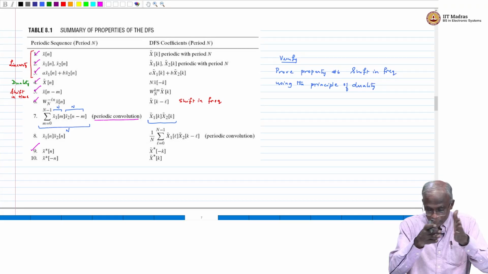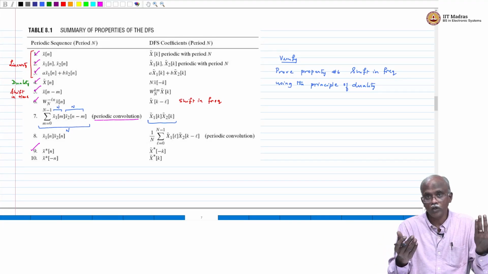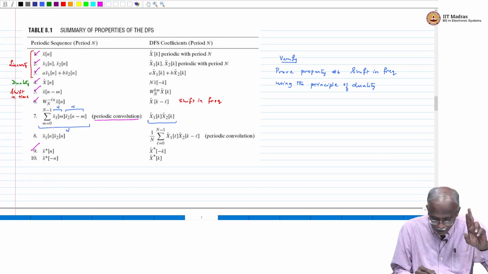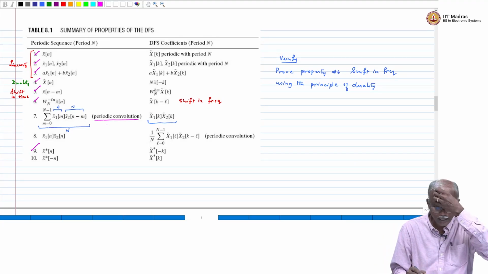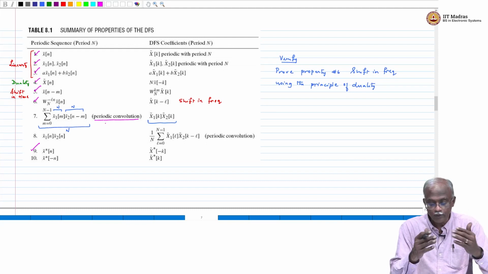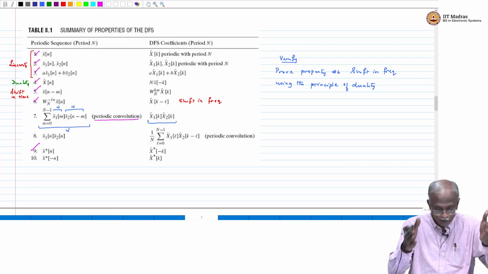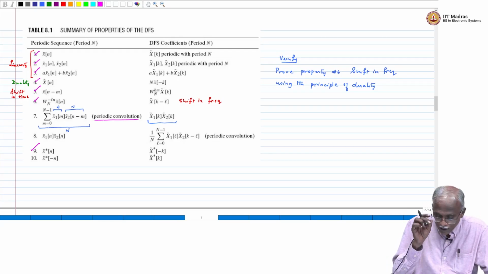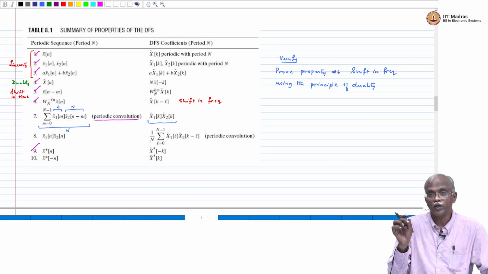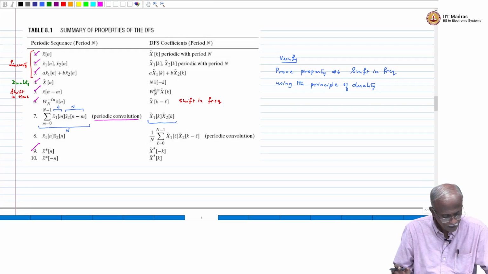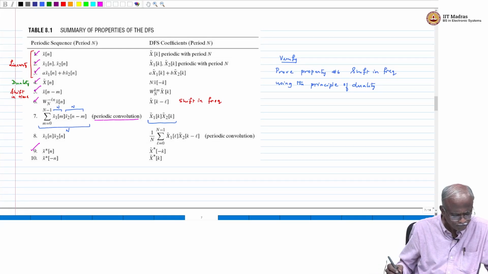The actual computation looks like normal convolution, but it is only over one period, so the output is also a sequence which is periodic, with a period equal to N. So periodic convolution is different from linear convolution, something that you must keep in mind.